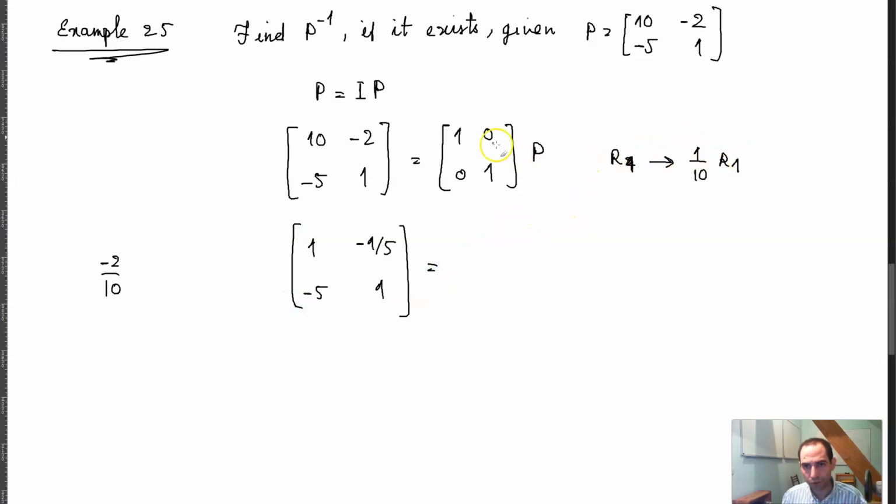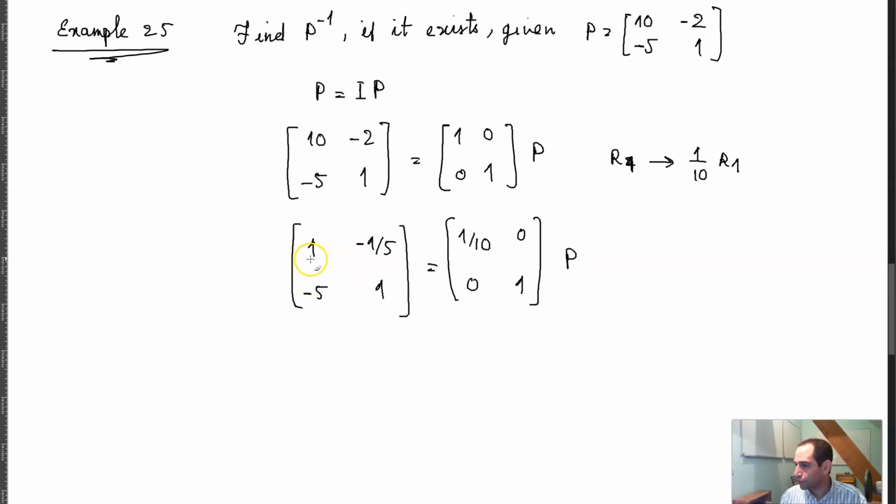So the first row again here, you get 1/10 and 0, 0, and 1, and times P. Then what you will do is apply, so here you want to get basically a 0 here and a 0 here, right?